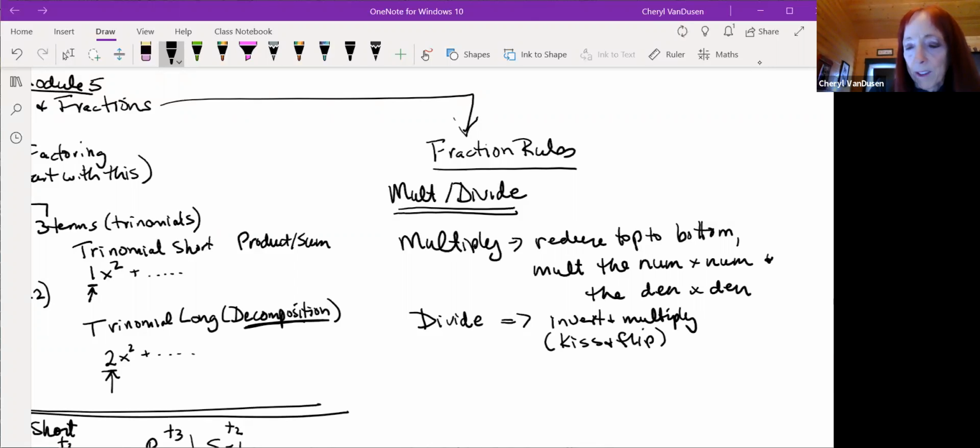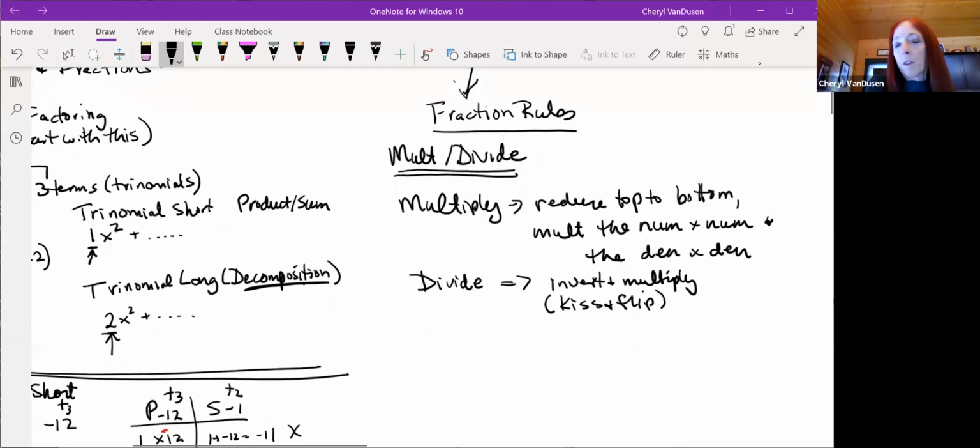It's kind of a cute little way of remembering it. So you're flipping the second expression and then you're doing your multiplication. Now, to get into a question in terms of fractions, we won't do it with rational expressions yet. I'll throw a question up and we'll just do a dividing question here. Give me a second just to put a question on the board.